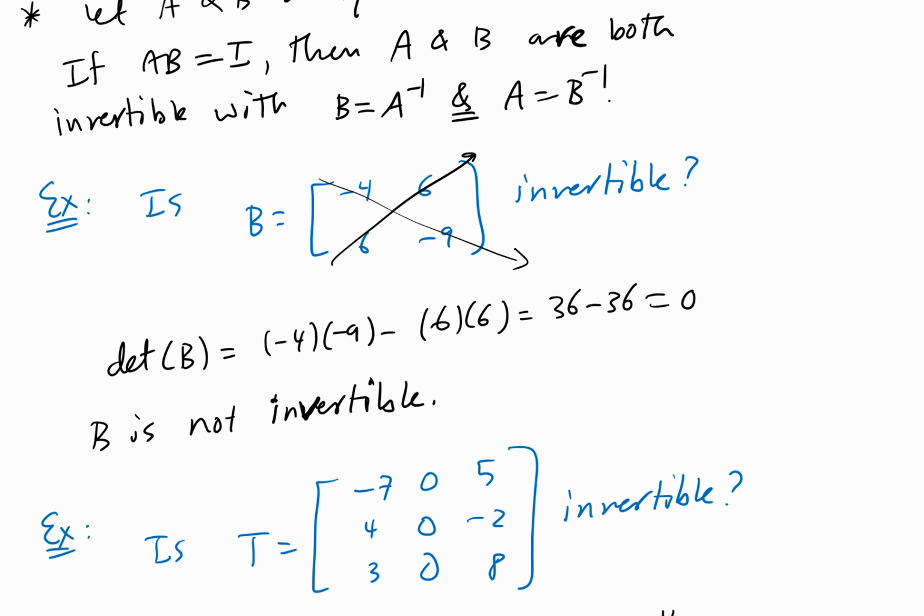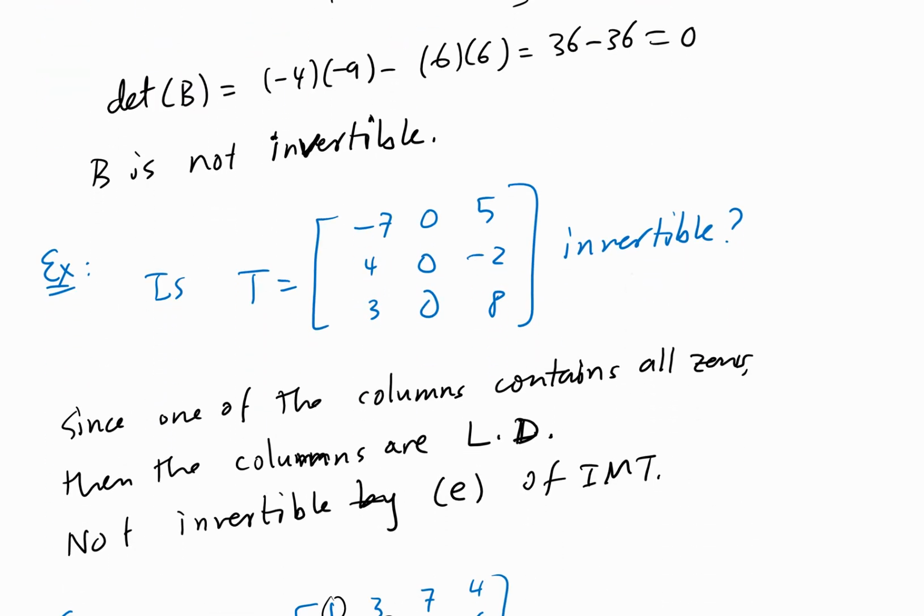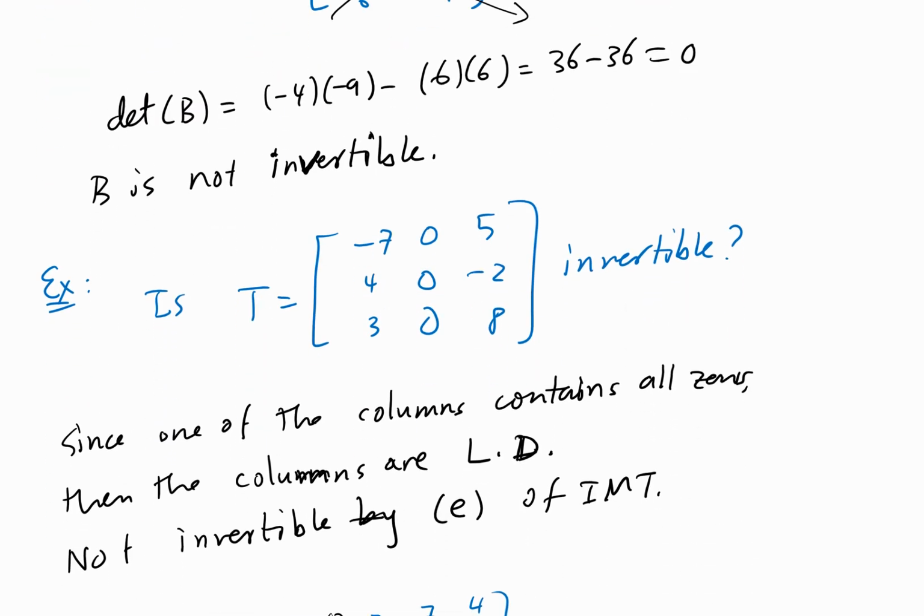A, B, C, D, E, which one? So which part am I using? E, yes, it is E. So we say, since one of the columns contains all zeros, the columns are linearly dependent, so it's not invertible by E of the IMT theorem.